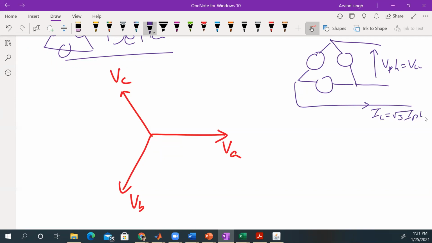So the opposite is happening now. So in this case, the voltage across one phase is the same as the line to line voltage. So we're going to get these ones overlapping here.